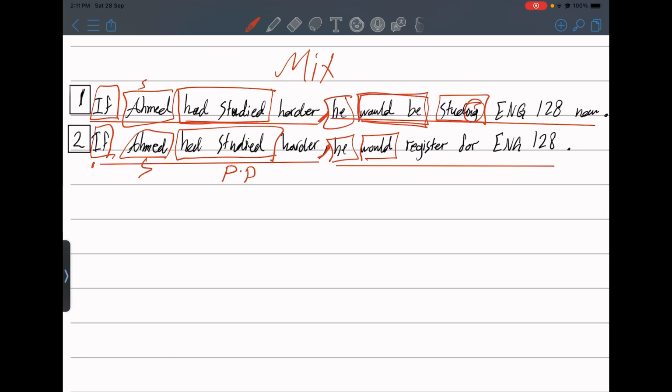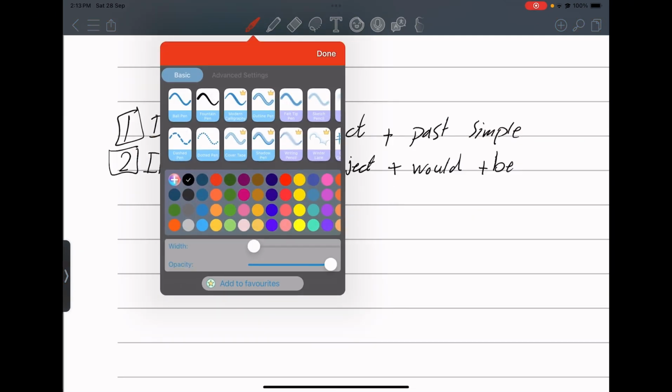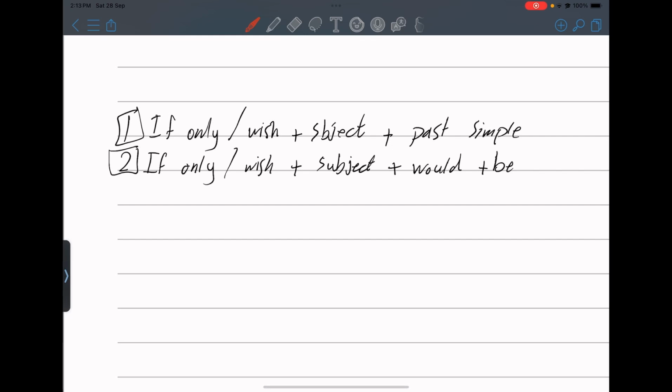So it is the same in part 1. It's different in part 2. We have present continuous and we have present simple, and this you will have in test 1 and the final. And now you have the last two things in this grammar: if only, or wish plus subject plus past simple.